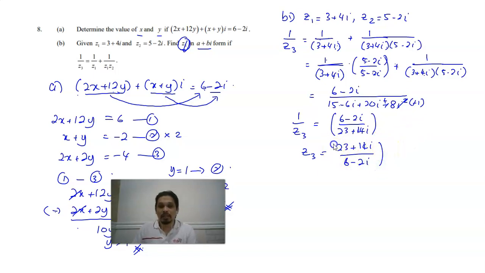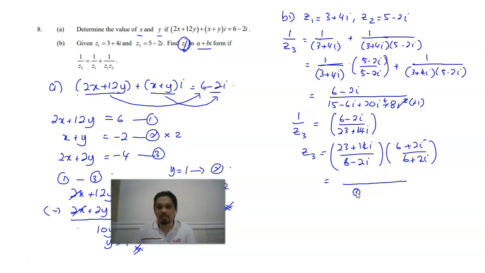So we come up with the conjugate of 6 plus 2i, and 6 plus 2i.